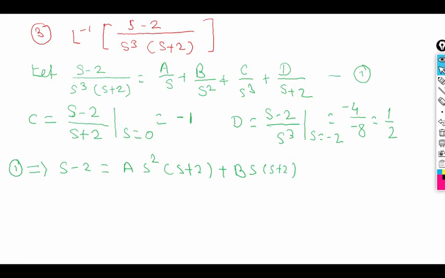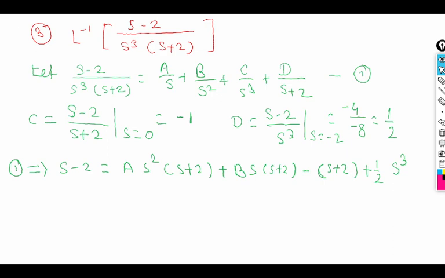The value of c we already calculated is minus 1. So minus s cube gets cancelled, and we are left with just plus s plus 2. And the last one, the value of d is 1 by 2, so it is 1 by 2, s plus 2 will get cancelled, and we're left with s cube only. So this is just by cross multiplication.